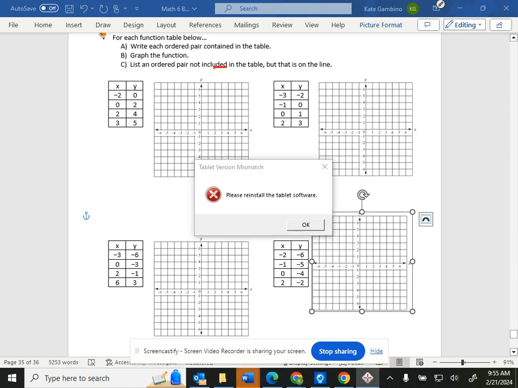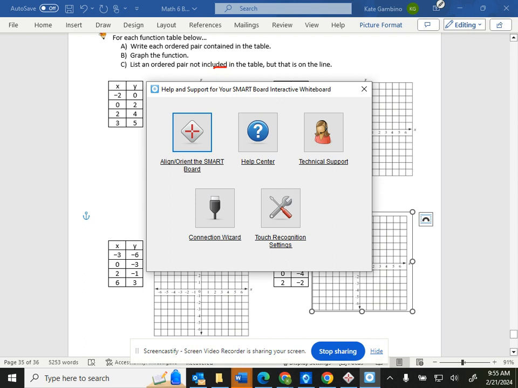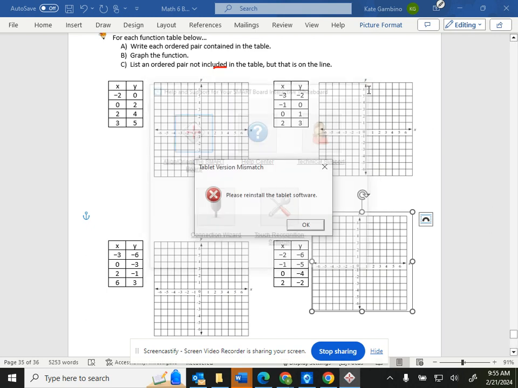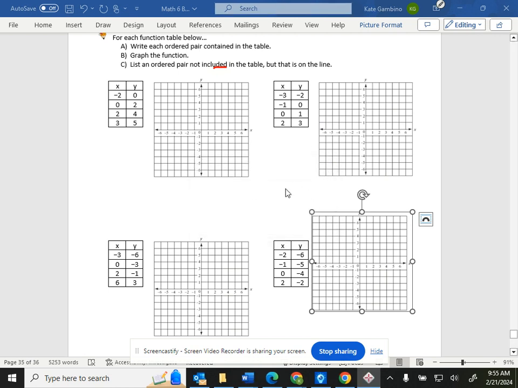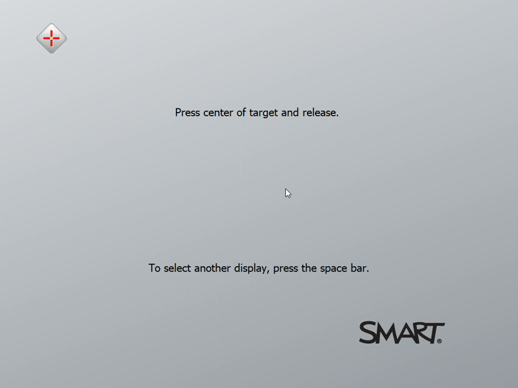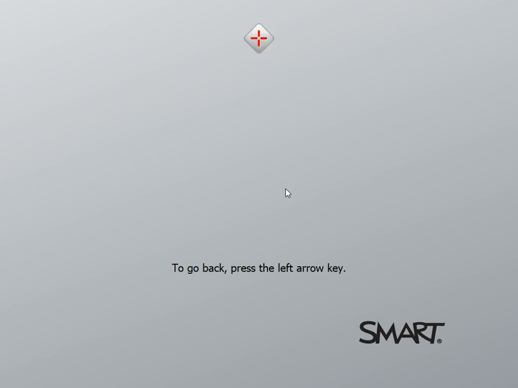My apologies for those of us watching, but I do need to calibrate this. Maybe if it'll let me. There we go. All right. Technology is always so fun.